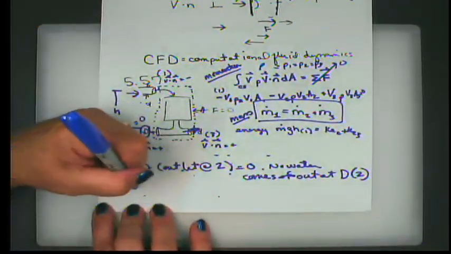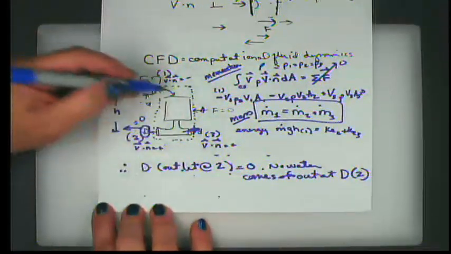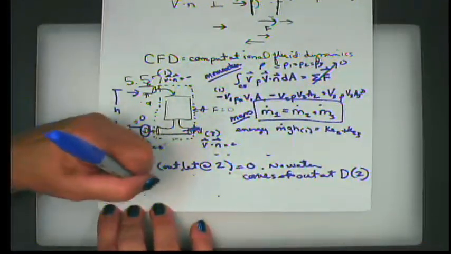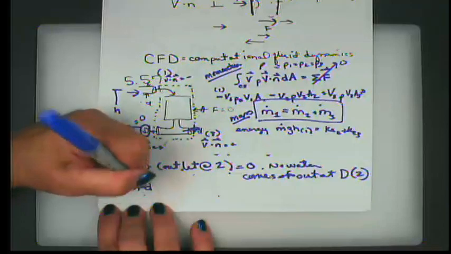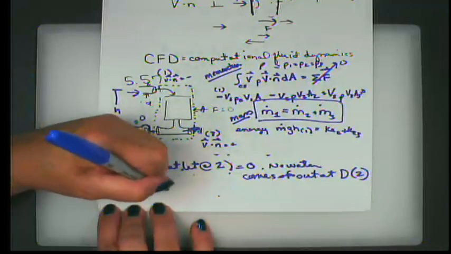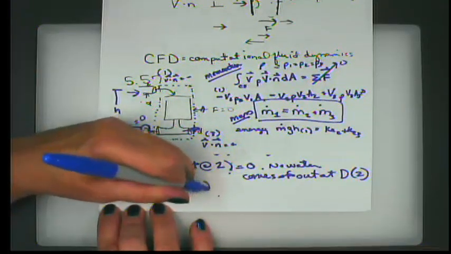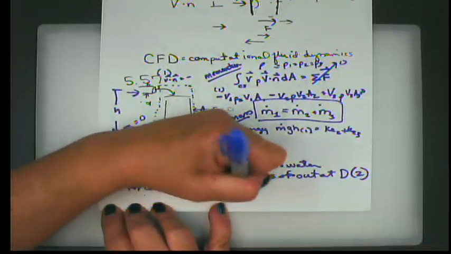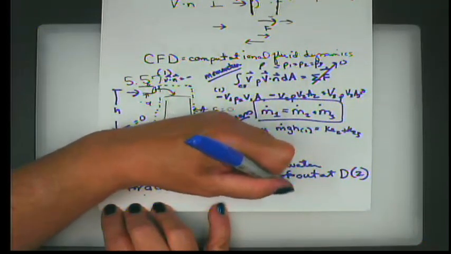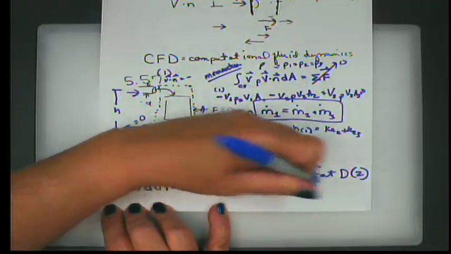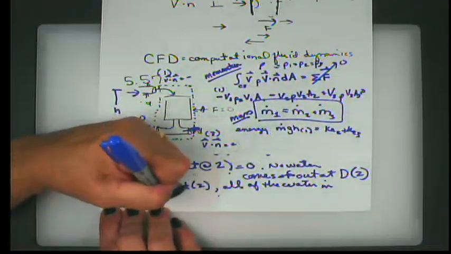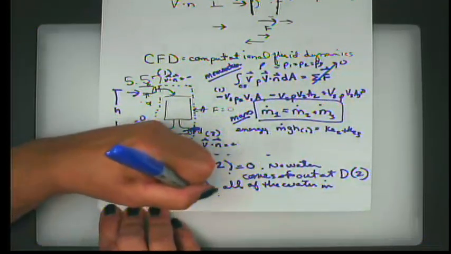And in order for mass to be conserved, if this is a steady flow problem, for D at 1 to be equal to D at 2, all of the water in at 1 comes out at 2.